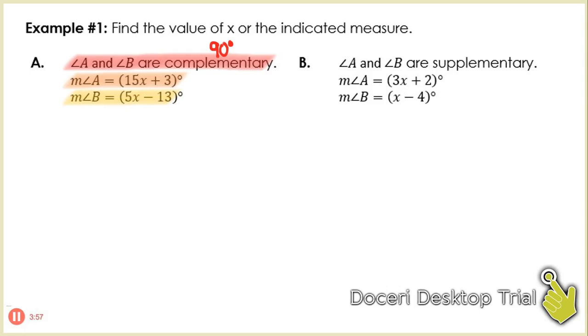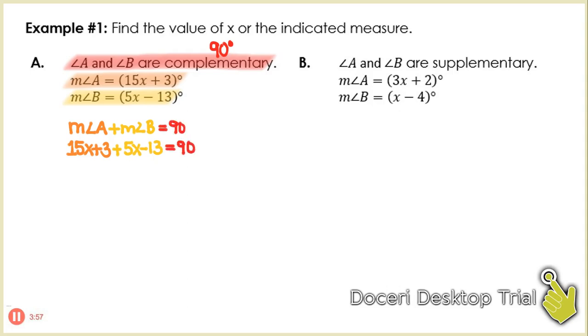So that's exactly what we're going to do. The measure of angle A, which happens to be 15x plus 3, plus the measure of angle B, which happens to be 5x minus 13. That is going to equal 90 degrees because they are complementary.